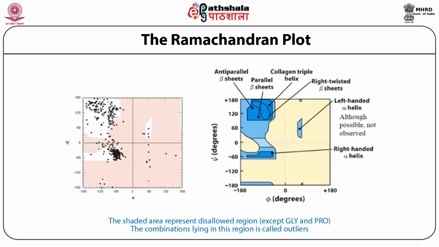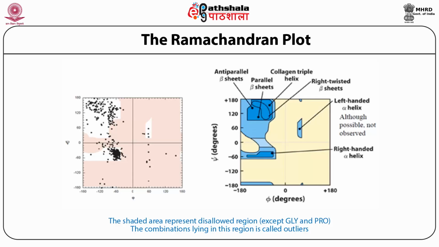If there are some points in the shaded region, which we already said is disallowed, there are still some reasons why some spots are available there. For example, glycine and proline can occupy these places because glycine has no side chain.